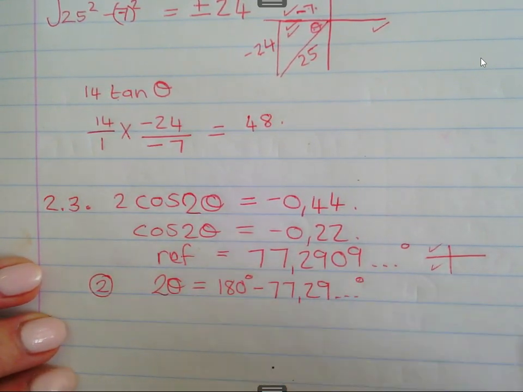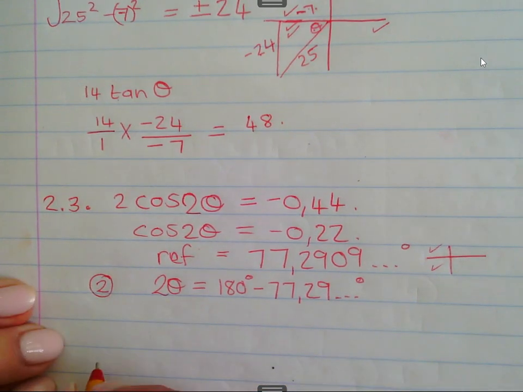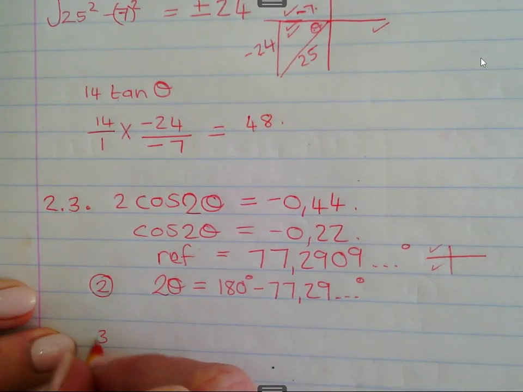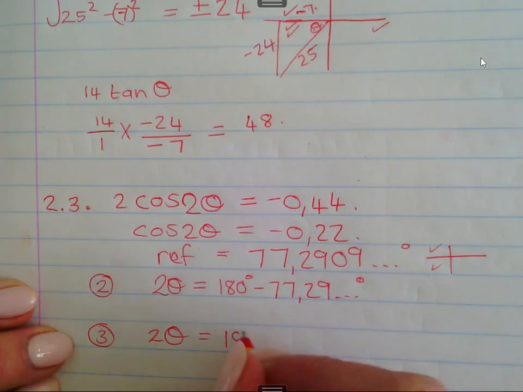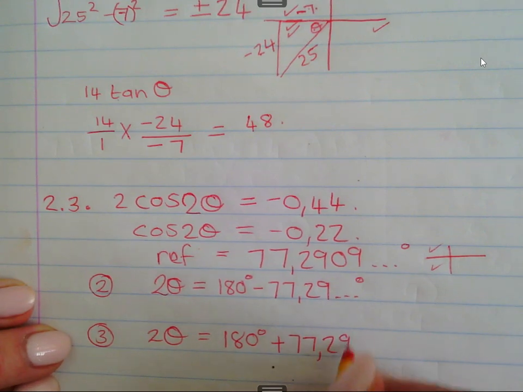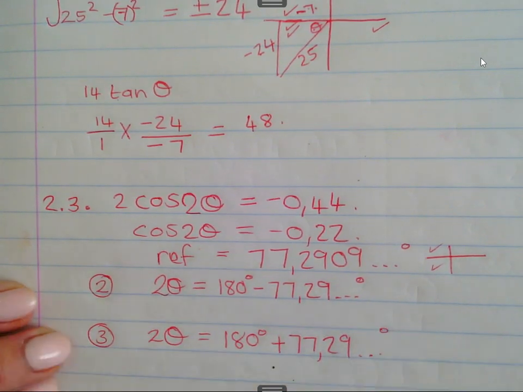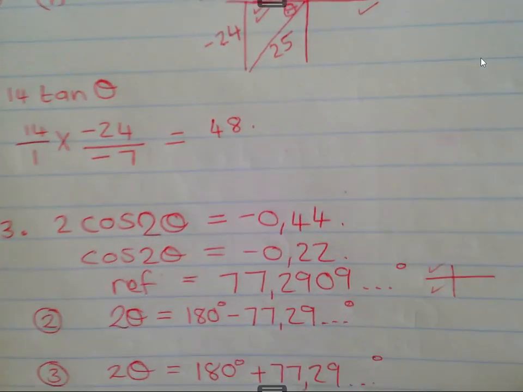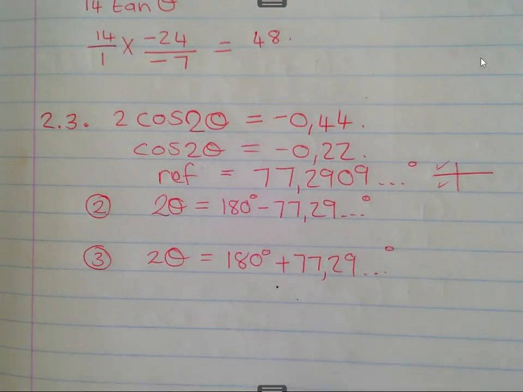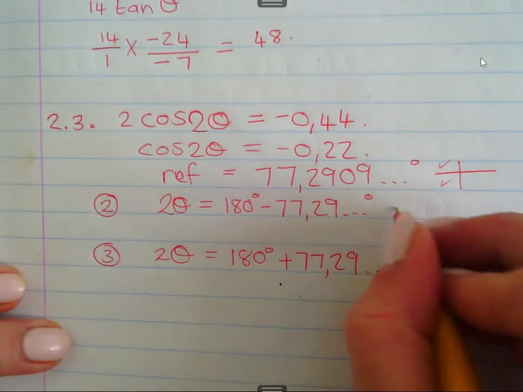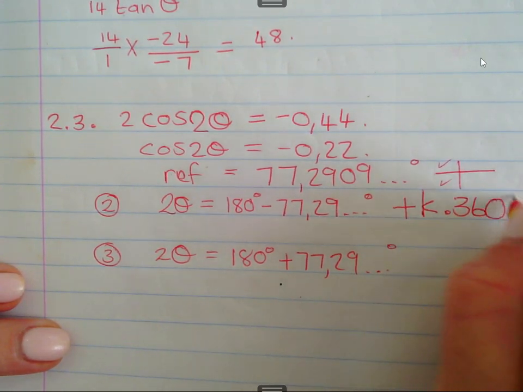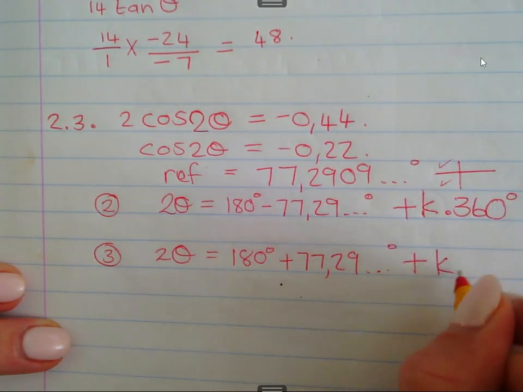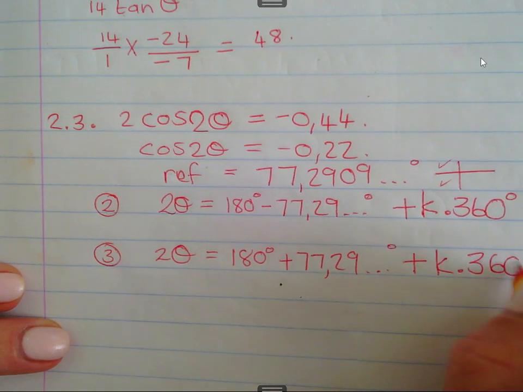And the one in the third quadrant will be 2 theta equal to 180 degrees plus 77,29 degrees. And then remember the new thing that we spoke about, just writing the general solution, is to say plus k times 360 degrees.